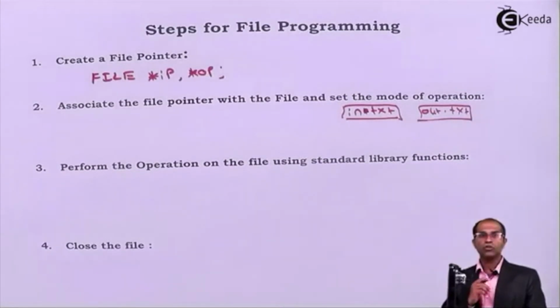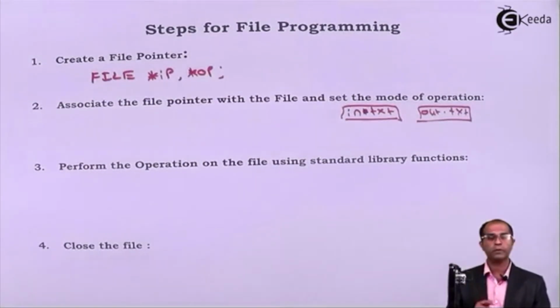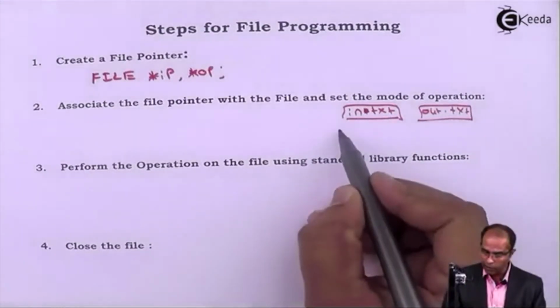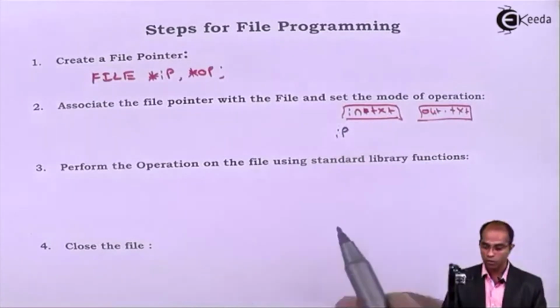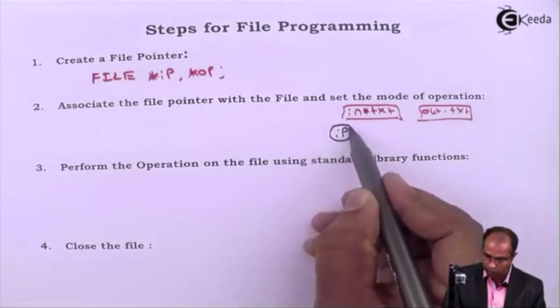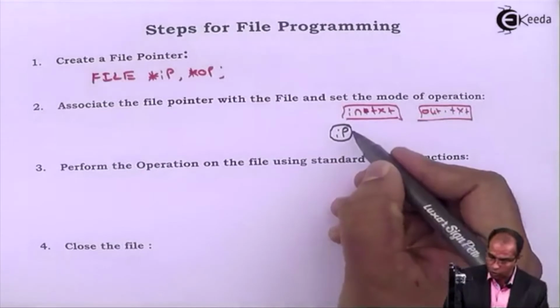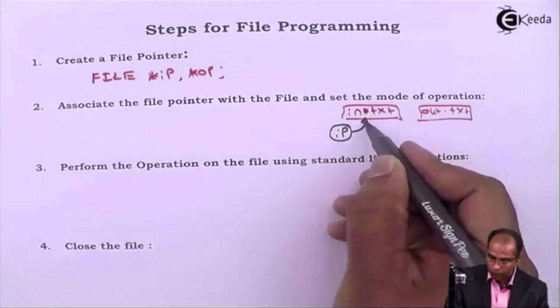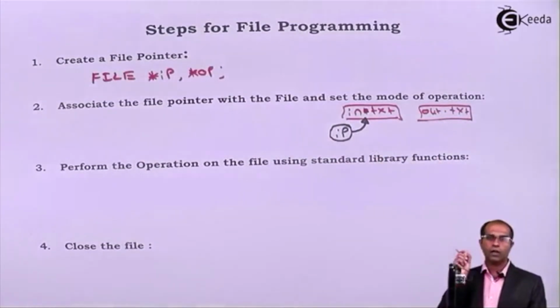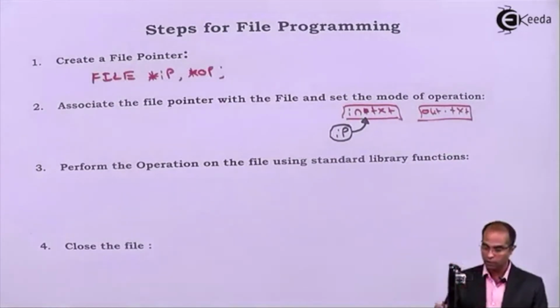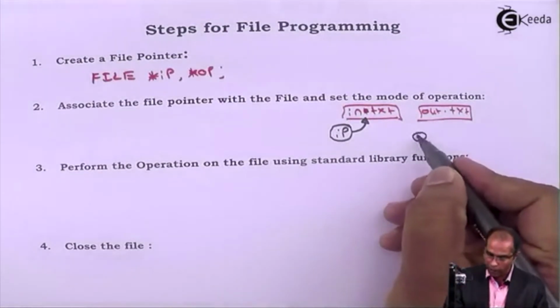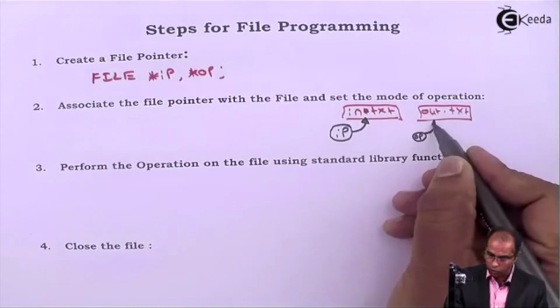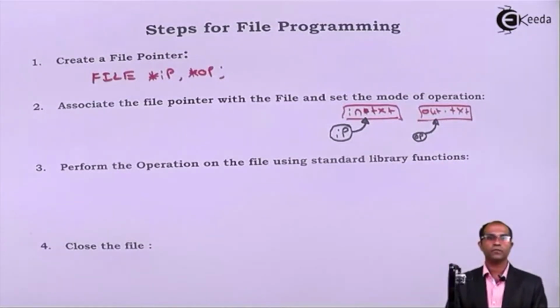My task is to associate the two pointers to these files. The pointer IP is now going to store the first block address, the address of the first location of the file in.txt, and OP is the next pointer which will store the address of out.txt.